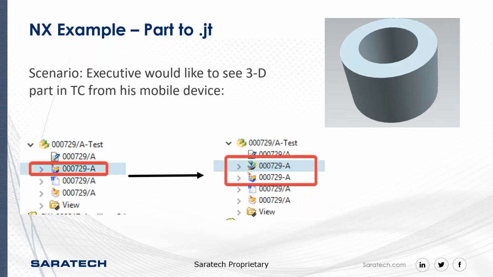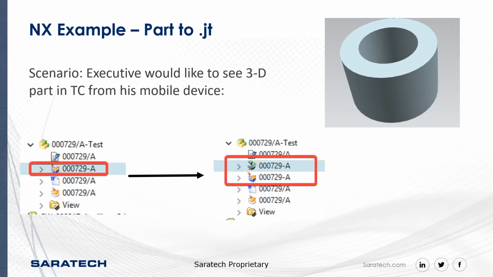So let's get into some walkthrough examples before we really jump into our live demonstration. We're going to discuss this quick example here. If I want to translate my NX data set, you see we have a UG part here. I can translate it and generate the lightweight JT file that I had mentioned previously.